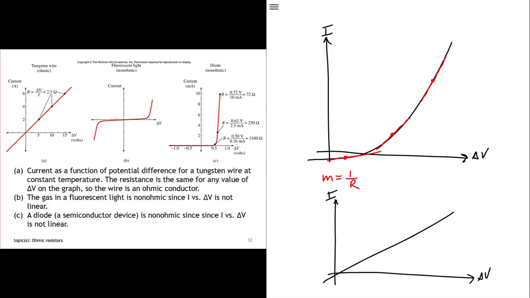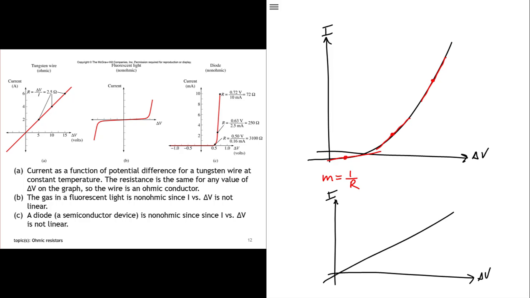Here are some plots of different types of materials. Plot A represents current as a function of potential difference for tungsten wire at constant temperature. The resistance is the same for any value of delta V on the graph, so we can say that tungsten wire represents an ohmic conductor.